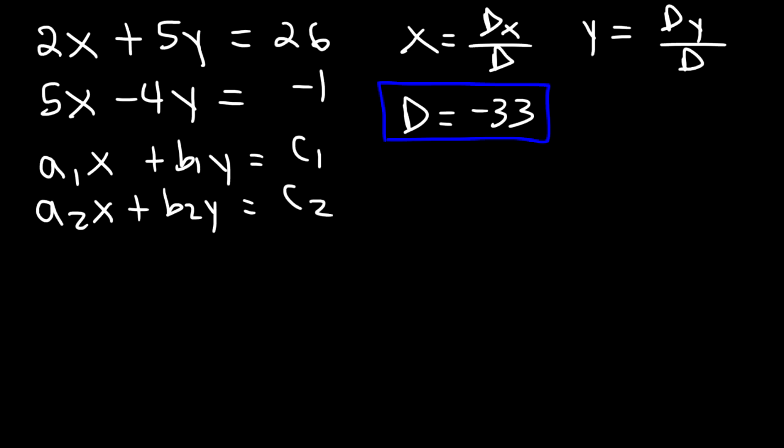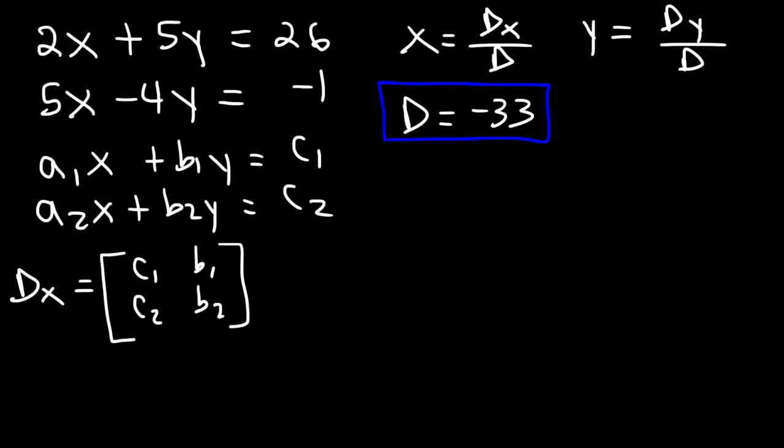Now let's calculate dx. So here's the formula for dx. It's a 2 by 2 matrix, but it's not going to contain the coefficients of x. You need to replace the coefficients of x with c1 and c2. So the elements of matrix dx are going to be c1, c2, b1, b2.